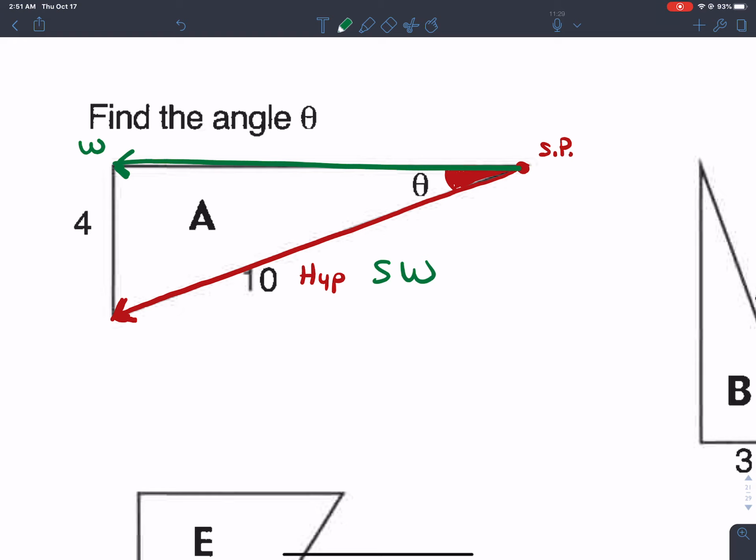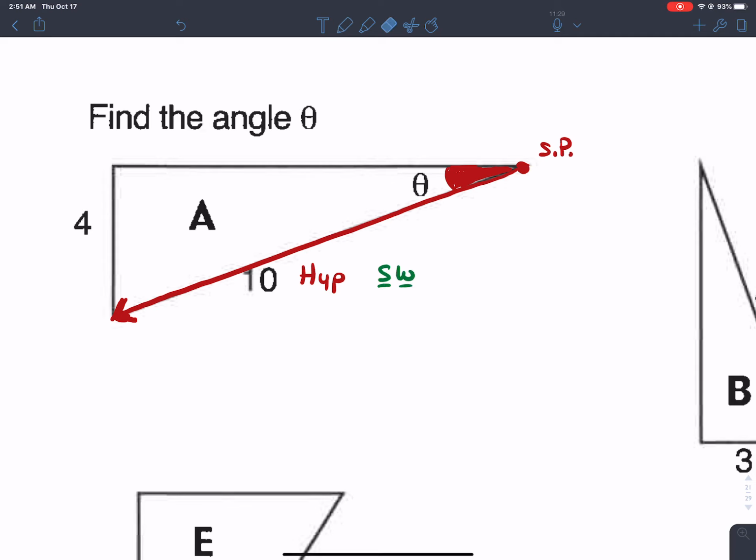If it's just the green arrow, it's just to the west. It's not to the southwest, it's just to the west. That's it. Okay, so we know the resultant vector is going to be a combination of two other vectors, and we're going to have those two other components labeled in our direction.